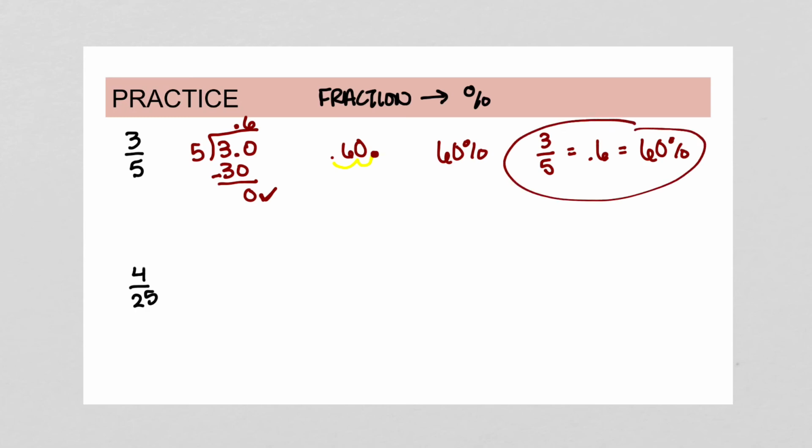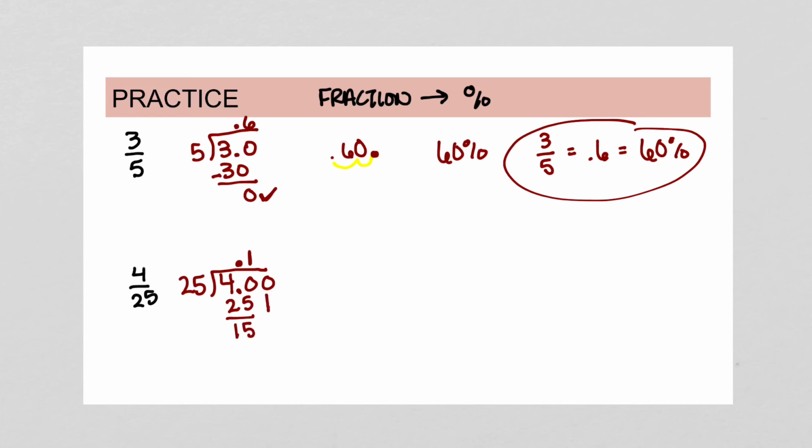Okay, let's do it one more time. So 4/25ths is the same thing as 4 divided by 25. 4 is not big enough. 25 can't go in there, so I need to expand this out with some decimals. I'm going to line up my decimal points so I don't forget them. 25 is too big to go into 4, but it is not too big to go into 40. I can fit just a single 25 in there. Okay, so 40 minus 25 is 15.